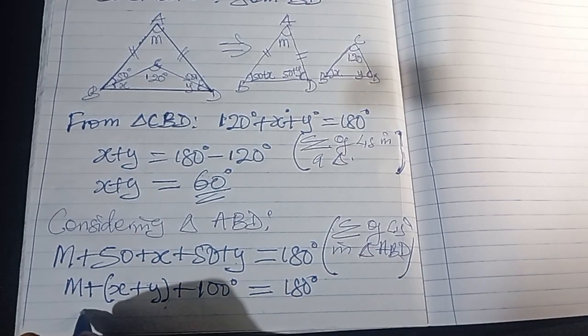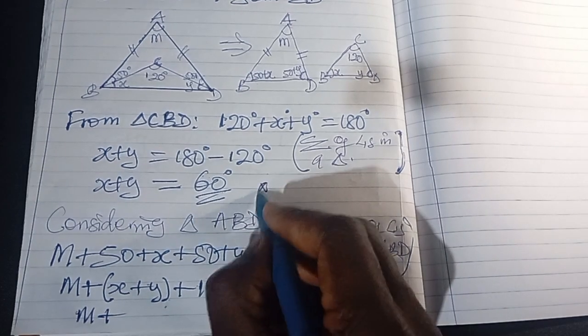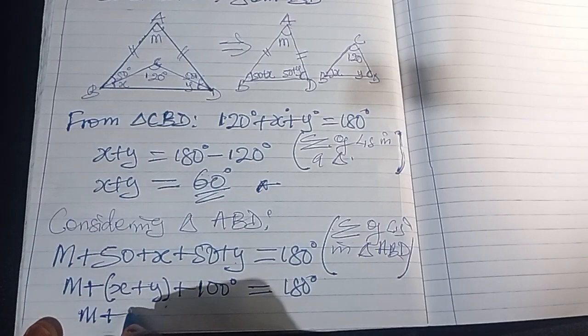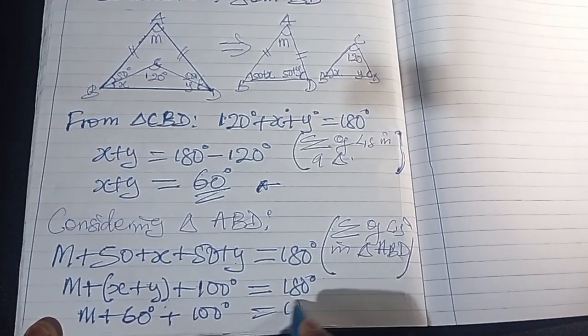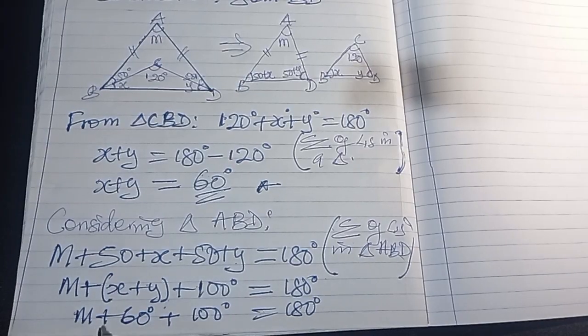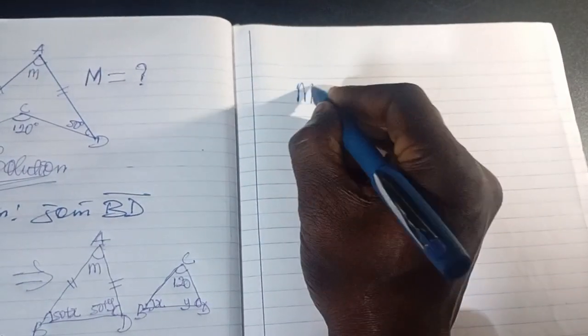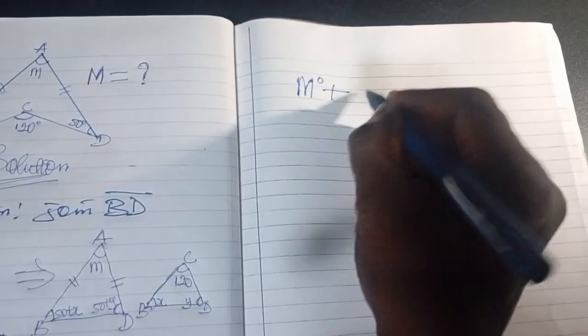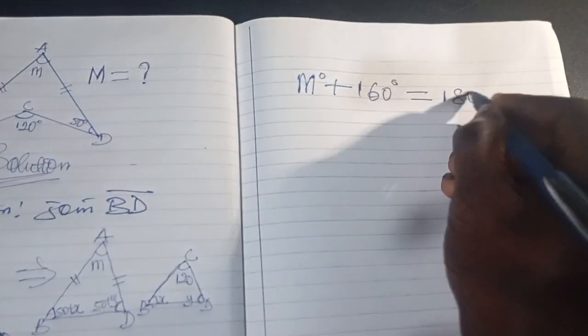So that's M plus X plus Y. What is the value of X plus Y? Remember here, let's put 60 degrees here plus 100 degrees is 180 degrees. We want to calculate M, remember. So we now have M degrees plus 160 degrees is equal to 180 degrees.